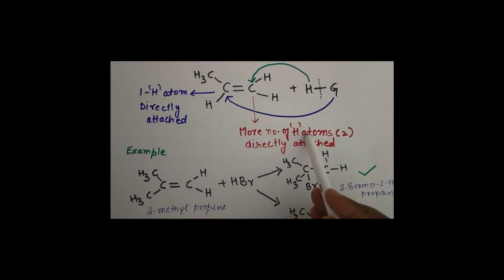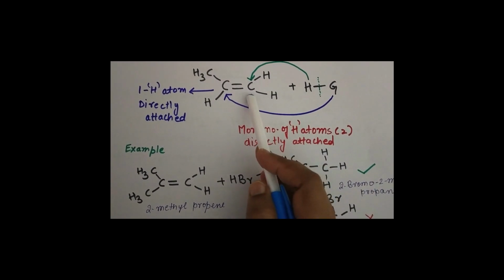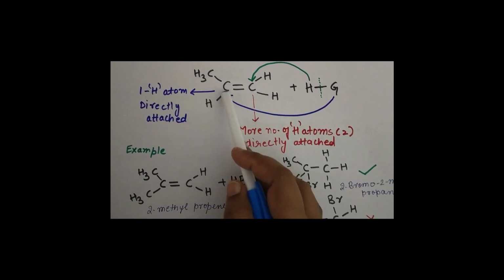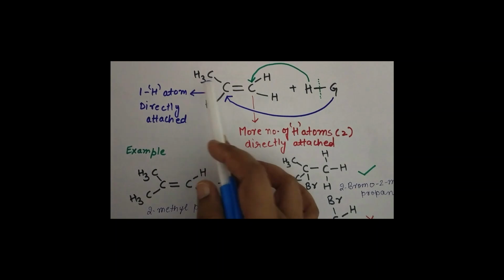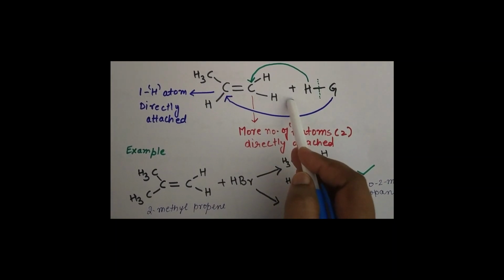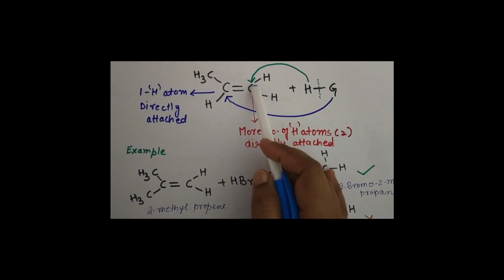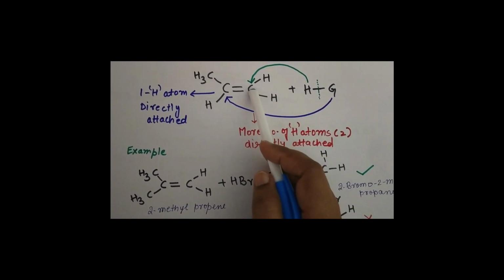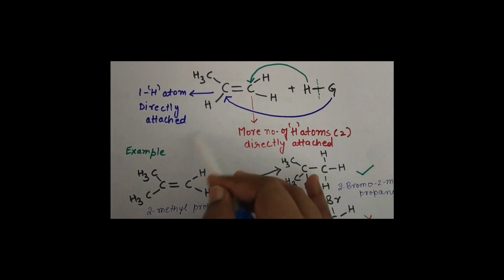In the case of the other carbon, only one hydrogen is directly attached and the other is an alkyl group. So as per the Markovnikov rule, the positive part, or H plus, will go on the carbon having the maximum number of hydrogen. So H will go on this carbon and the G will go to this carbon.